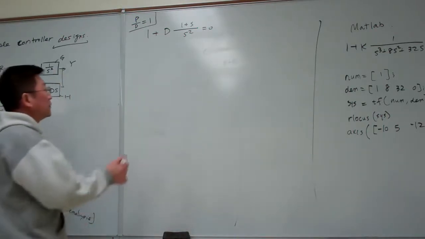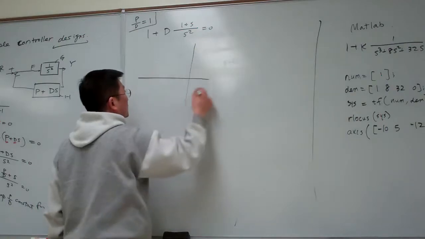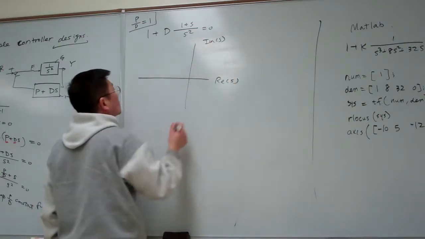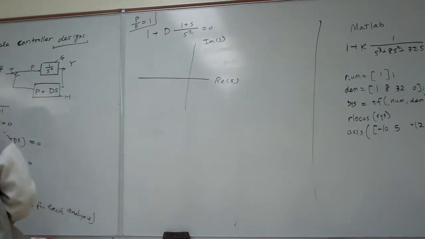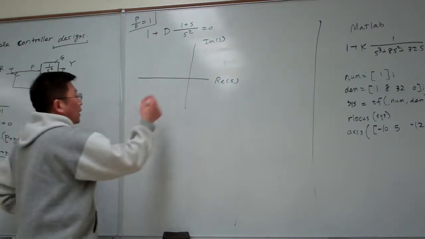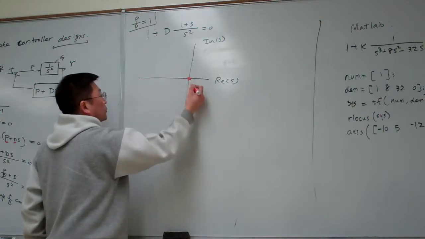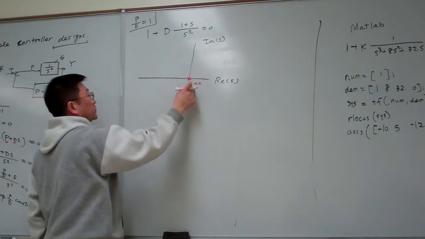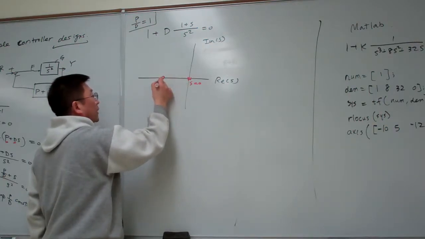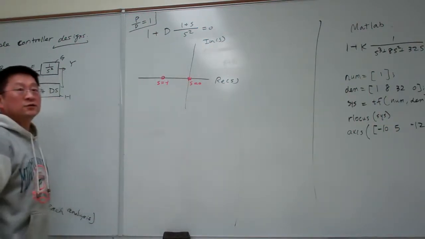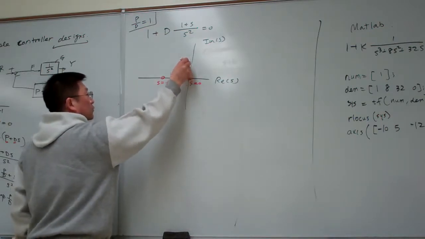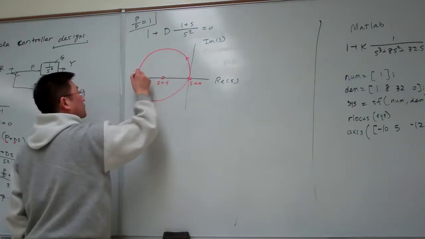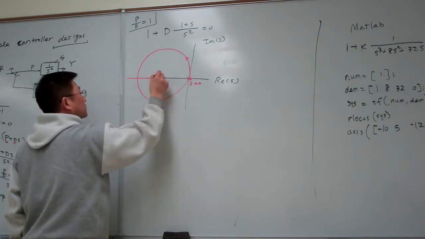Plotting the real and imaginary axes, we have two repeated poles at the origin and s equal to -1 as the zero. The corresponding root loci will be something like this.